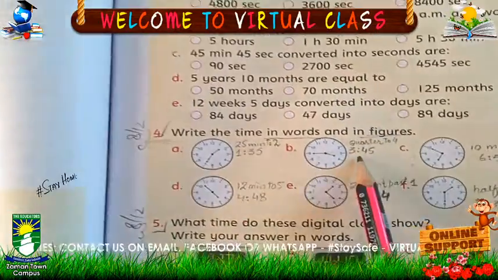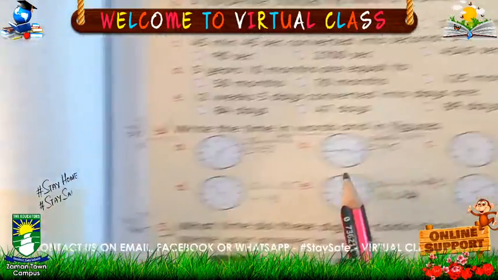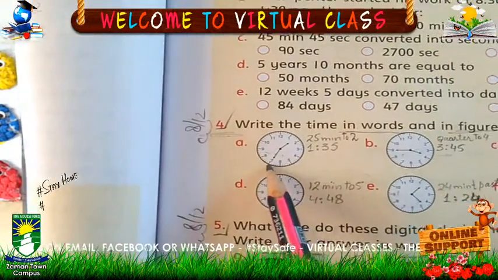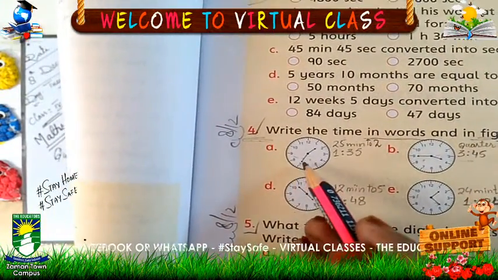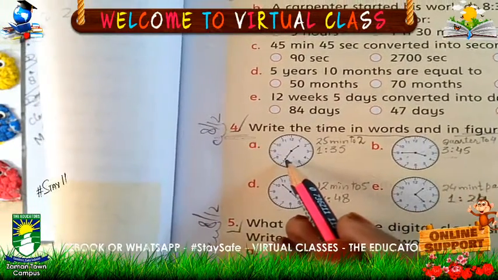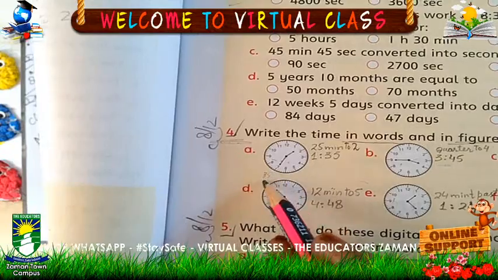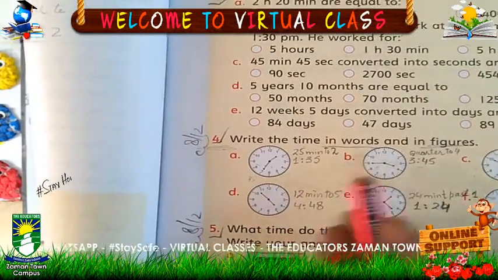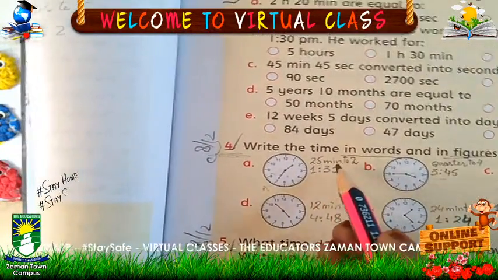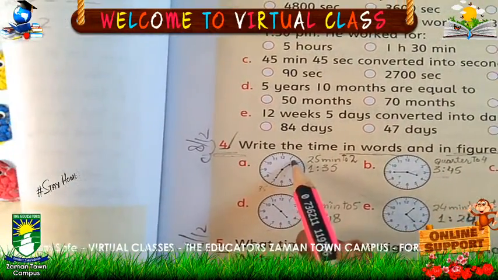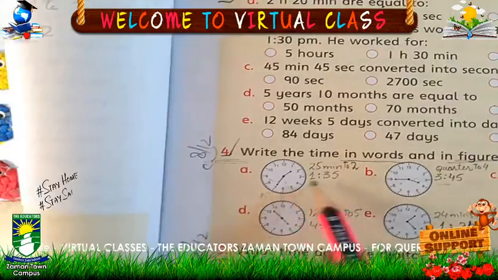Figure means digit. Okay. Number 1, as I have taught you about the table of 5, the long hand which shows the minute is on 7, it means it's 35. Okay, 5 sevens are 35. And in other words, the short hand is on 1 and the long hand is on 7.